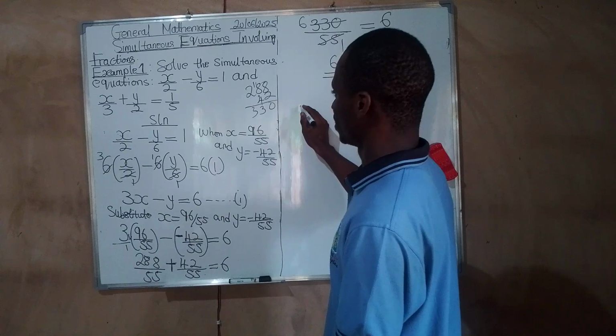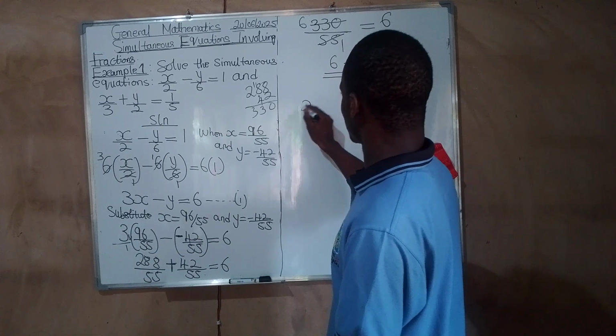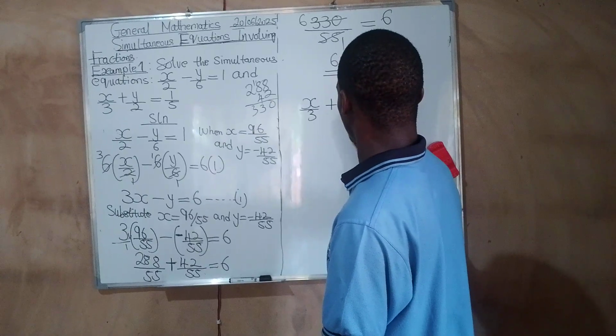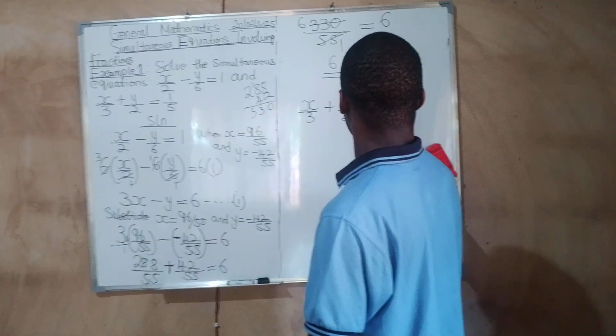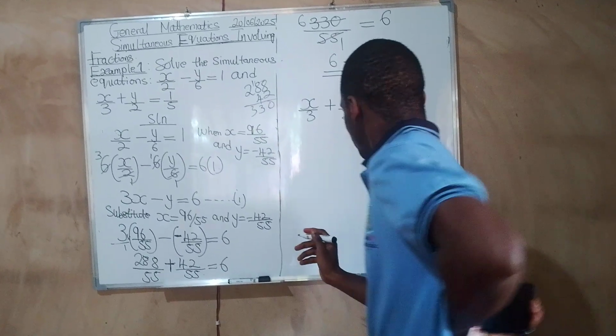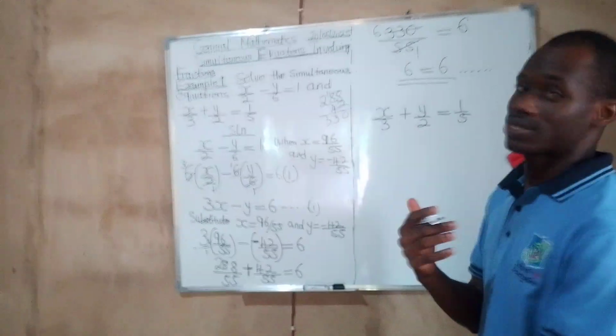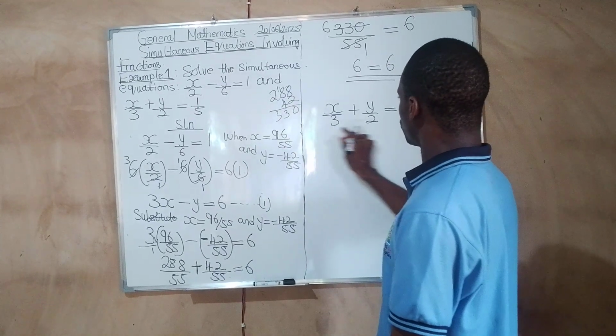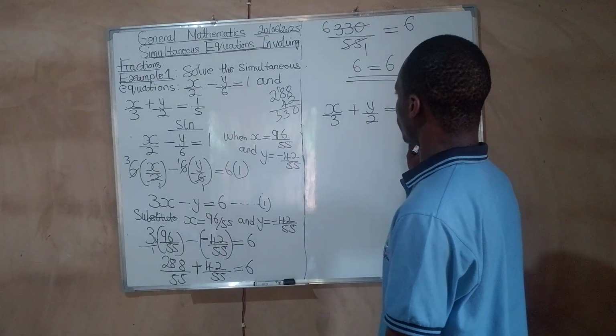So you use x over 3 plus y over 2 equals 1 over 5. Let's help you start this one, then you prove it by yourself in the comment section. This is what you do: multiply through by the LCM of the denominators.